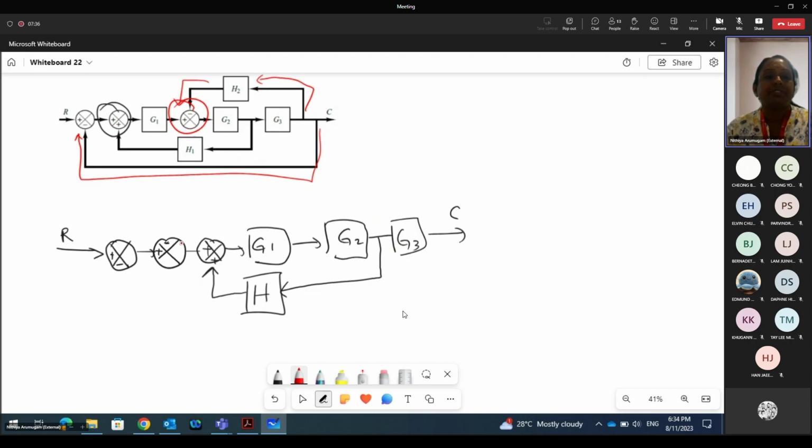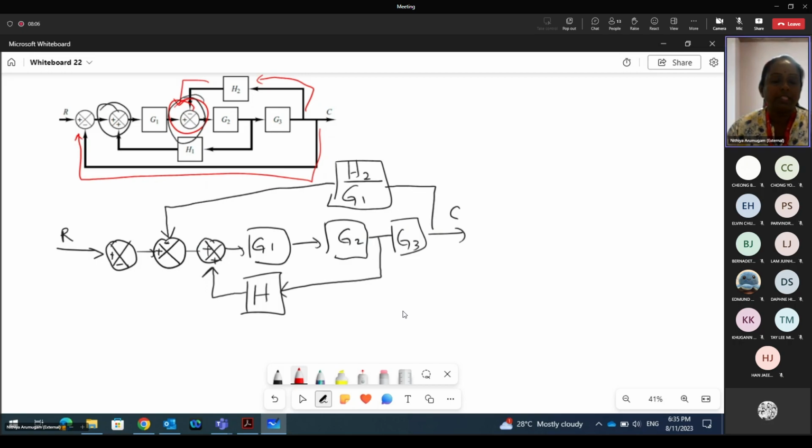Now we have shifted the plus-minus summing point of H2 to the front. When we move it in front of G1, the term becomes H2 over G1. With that, everything else remains the same. This is our first step.